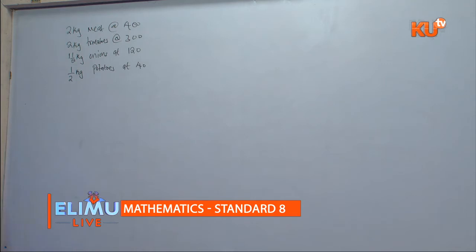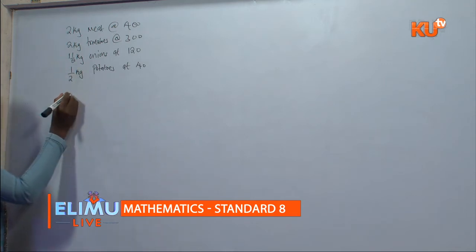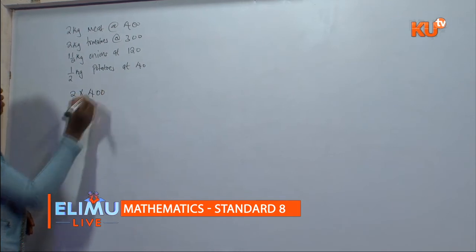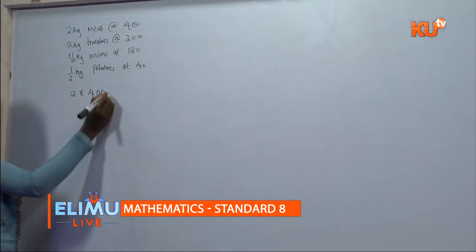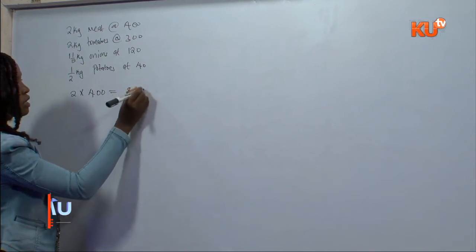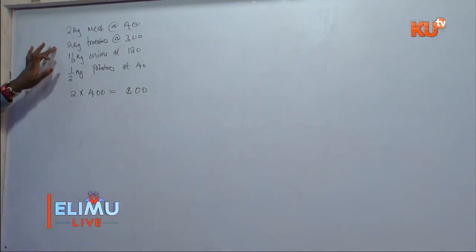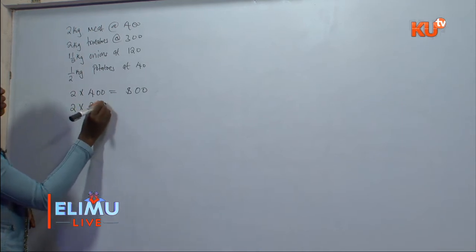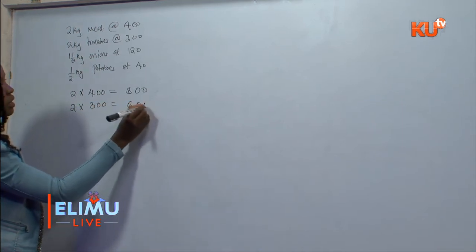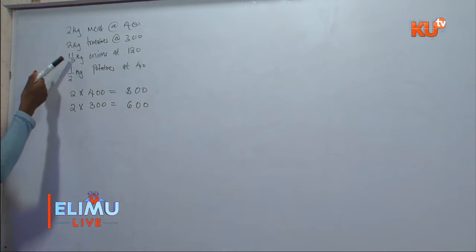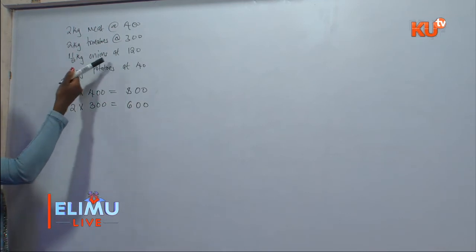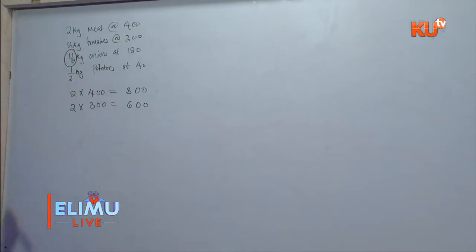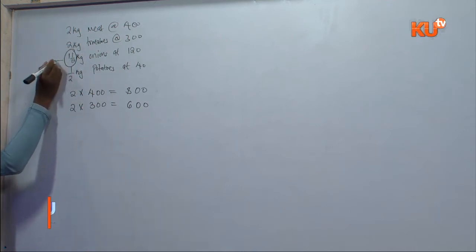So how much did he pay? First we get the total. It is the number of kgs for meat times the cost of 1 kg. 2 times 400, we get 800. Then 2 times 300, we get 600. And then we have 1.5 kgs onions at 120. This 1.5, we change it to an improper fraction for the sake of multiplication.